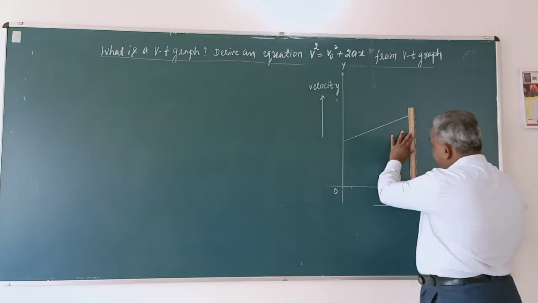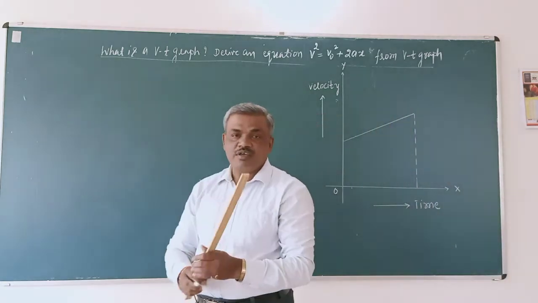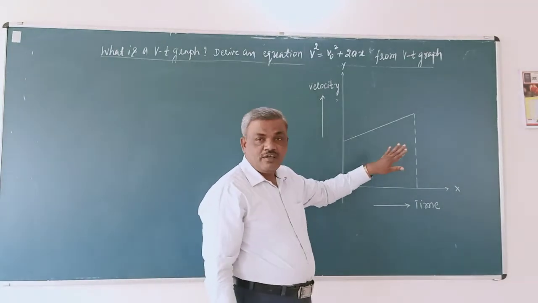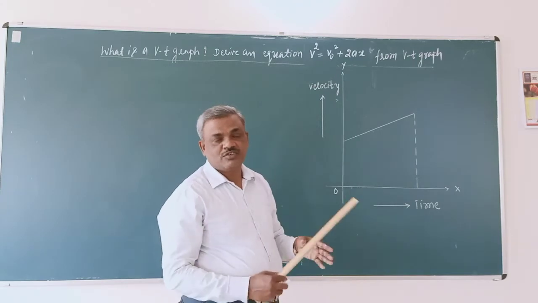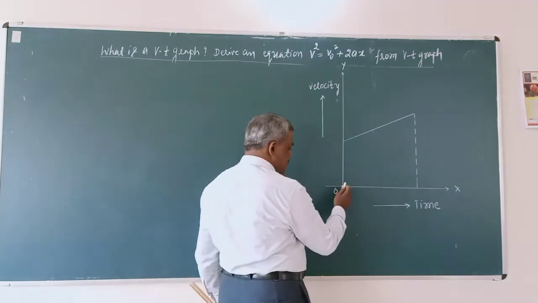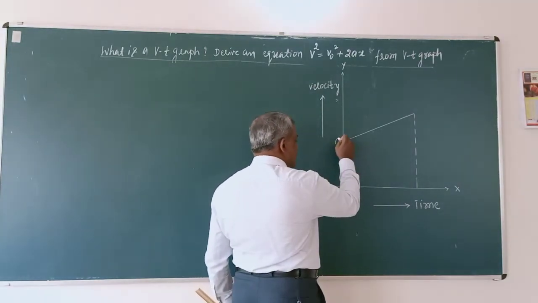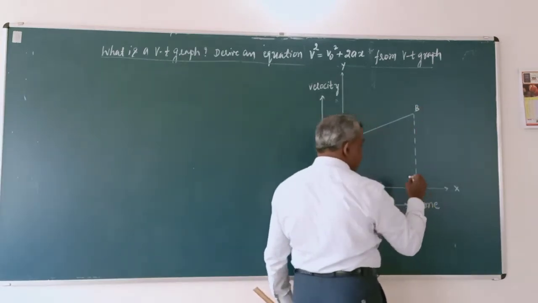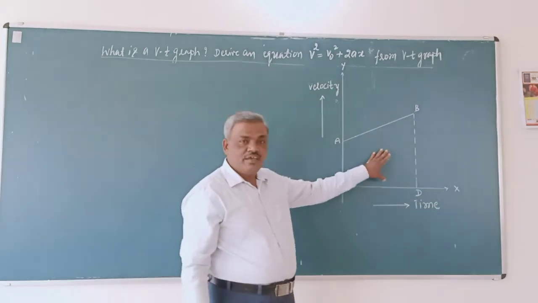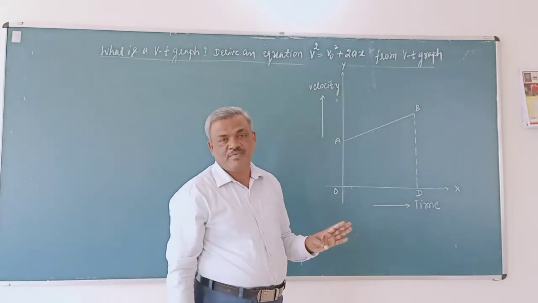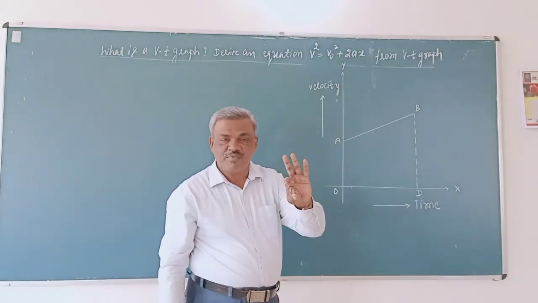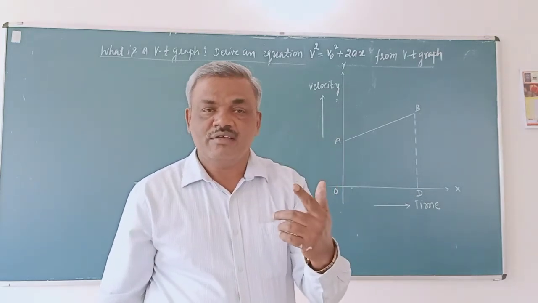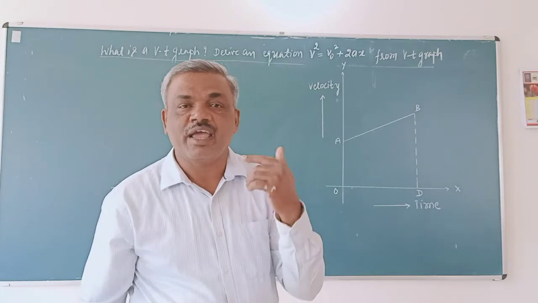So join the line. What does the area of the VT graph represent? Displacement. This area, what is the structure? Carefully observe this structure O, A, B, D. This is a trapezium. The area of the trapezium equals the area of the rectangle plus the area of the triangle.